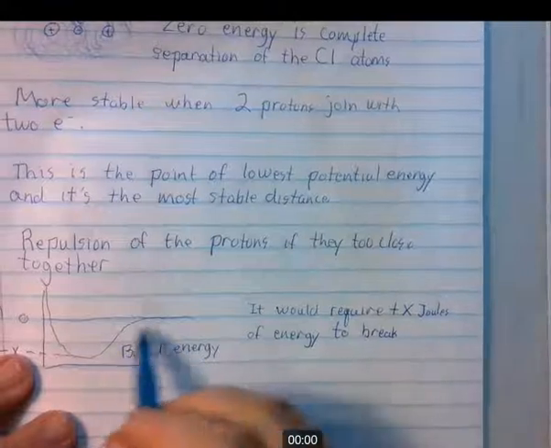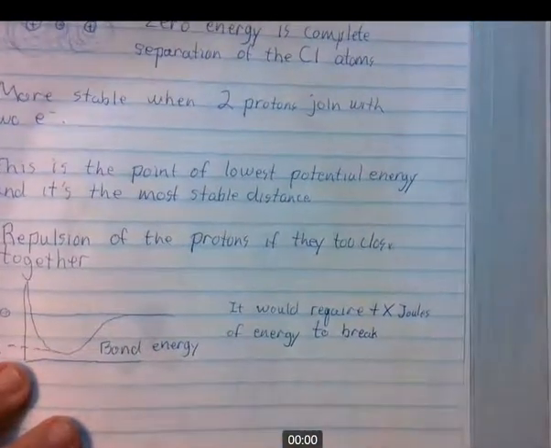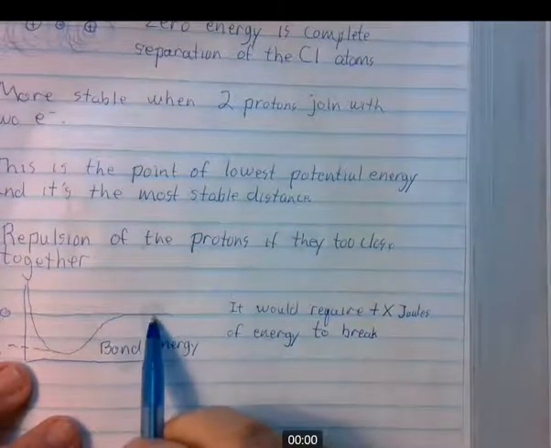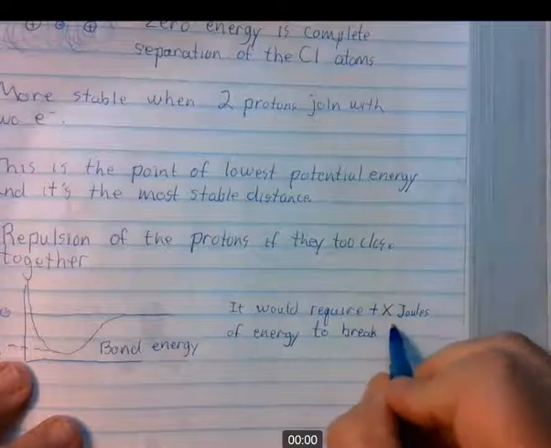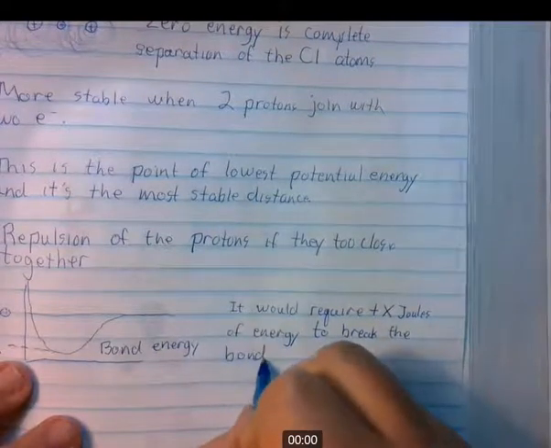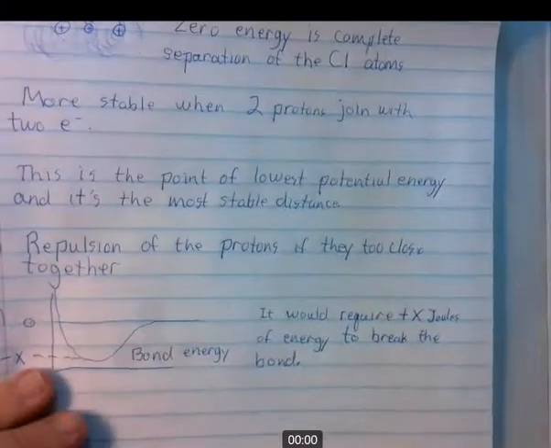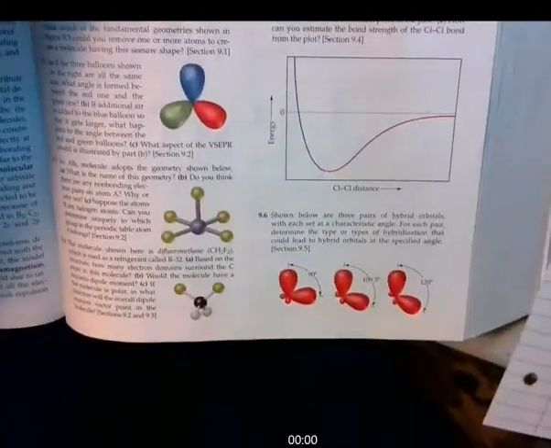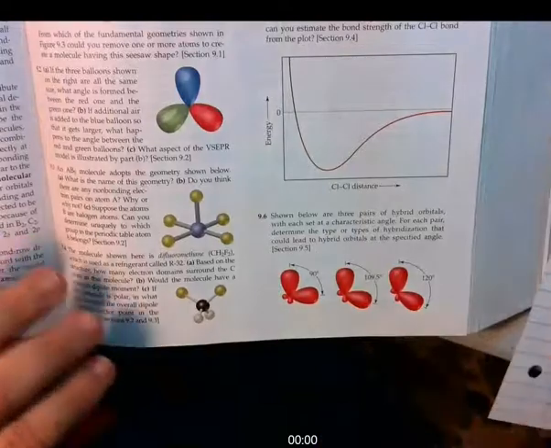That would separate those two atoms apart from each other again, bring them both to 0 energy, so they were separated. Okay, and that takes care of that question. We're now on 9.6, so let's read it down here.